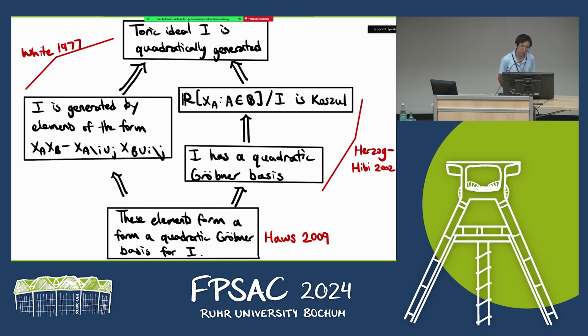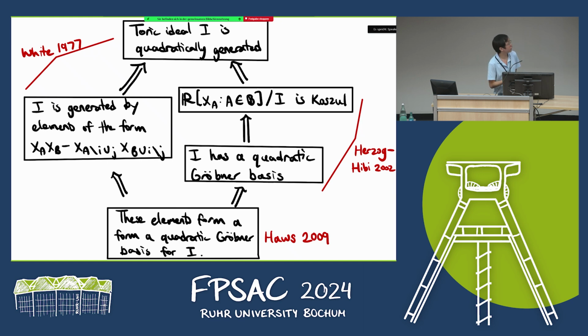Okay, so this is from the 70s. And then later, in 2002, Herzog and Hibi were looking at this conjecture in the view of polymatroids, and they actually made some other conjectures. I guess because they're commutative algebraists, it was natural of them to think of this.